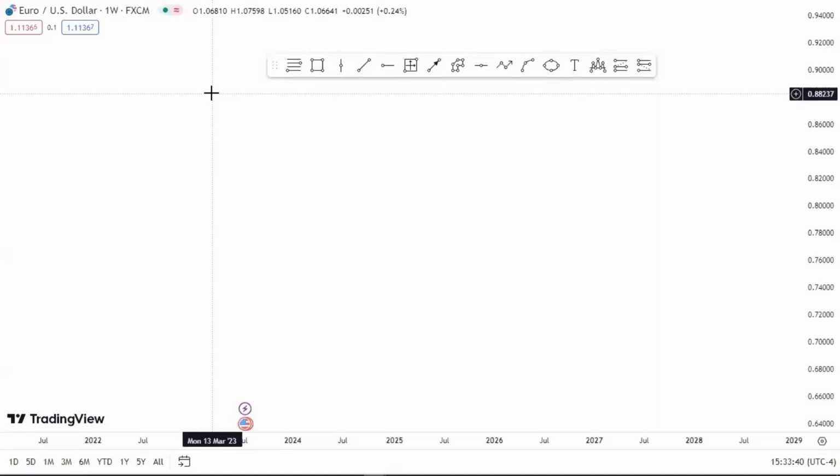Now, I like to compare or liken the market to the human body. I think they have something in common. Okay, so we are coming to look at candlesticks.